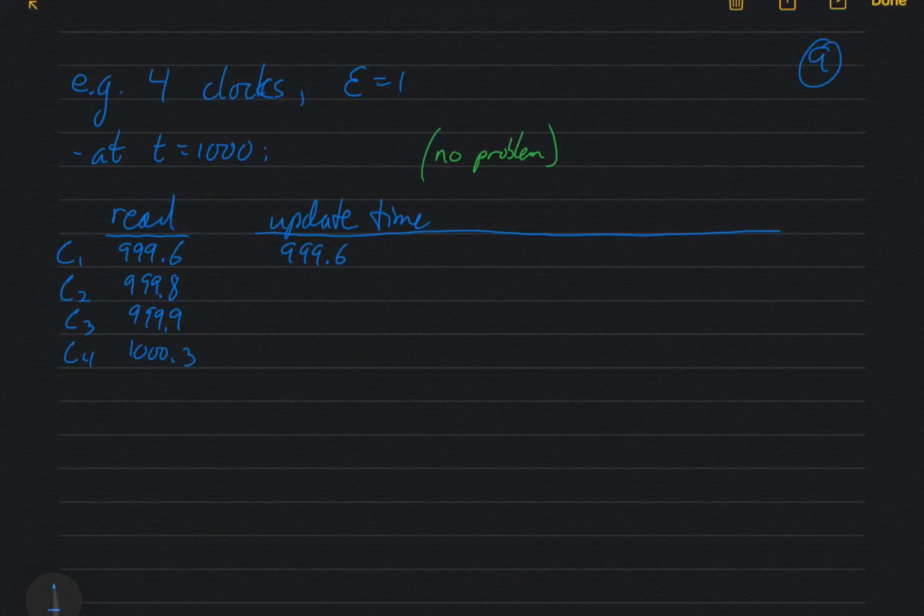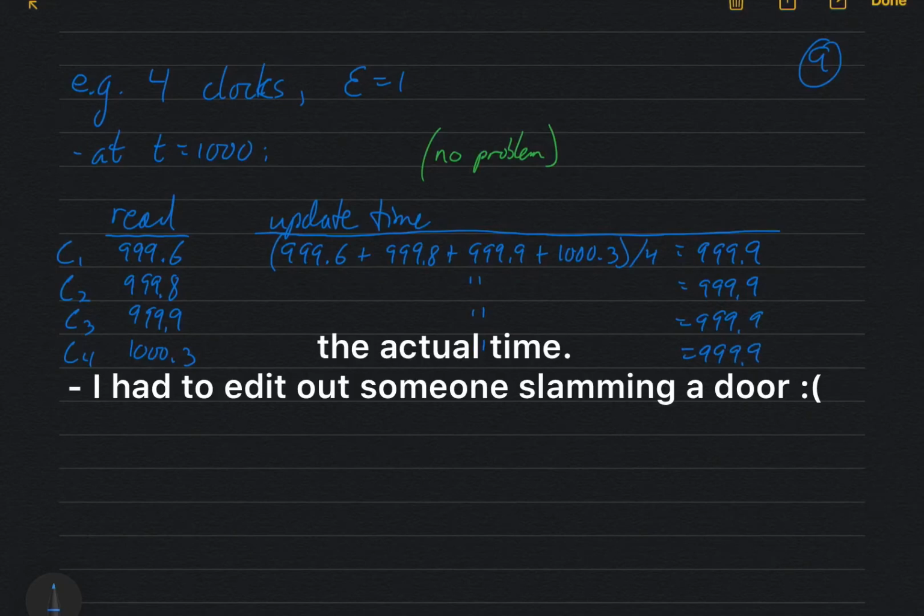So clock 1 will calculate 999.6 plus 999.8 plus 999.9 plus 1000.3 all over 4 gives us 999.9. And each of the other clocks will end up doing the exact same calculation, and so they'll all synchronize to time 999.9, which is fairly close to the actual time.